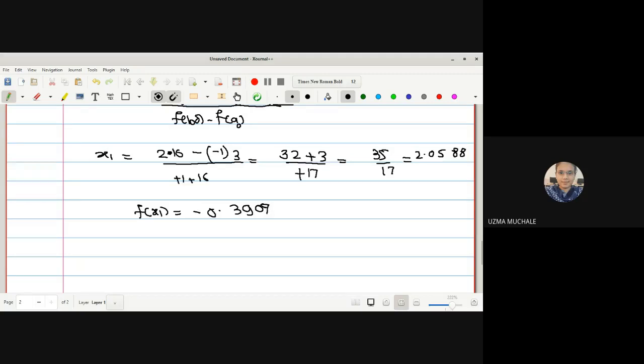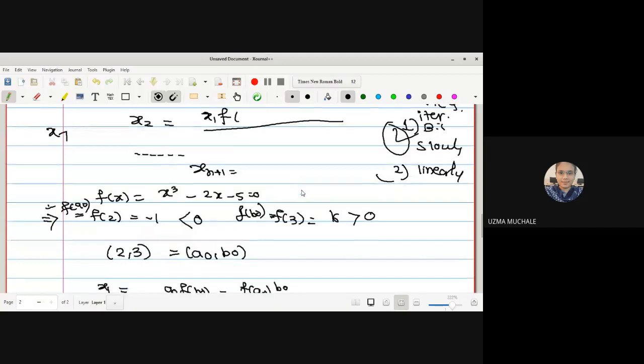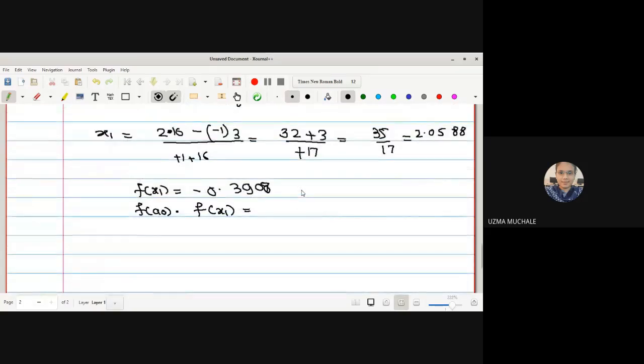So now we have to check f of a naught into f of x1. What is the value of f of a naught? It is minus 1. Both are with a negative sign, so the resultant is positive. We can say it is greater than 0.